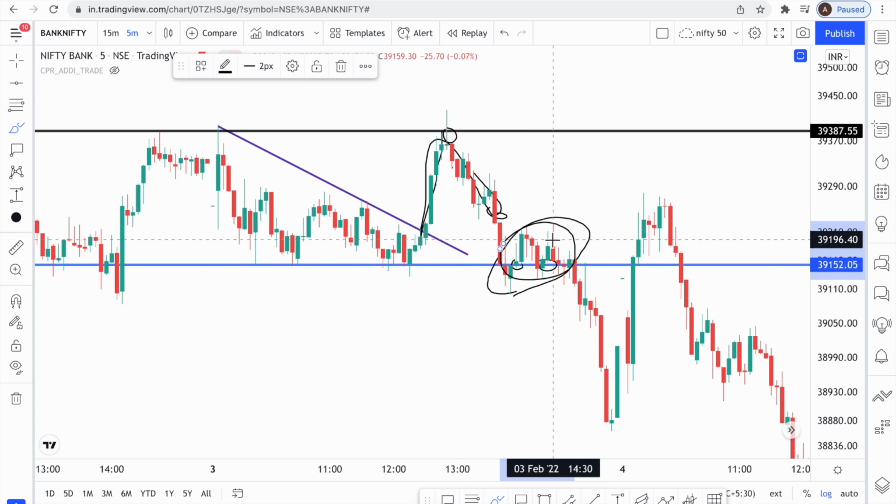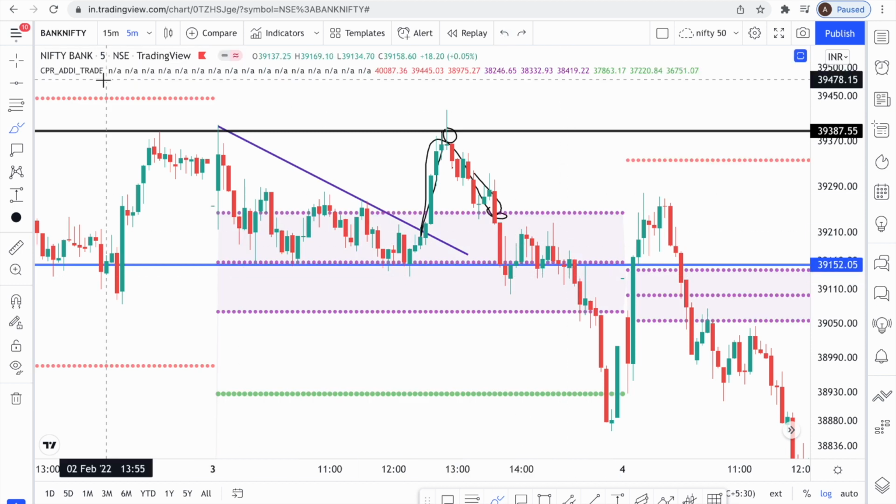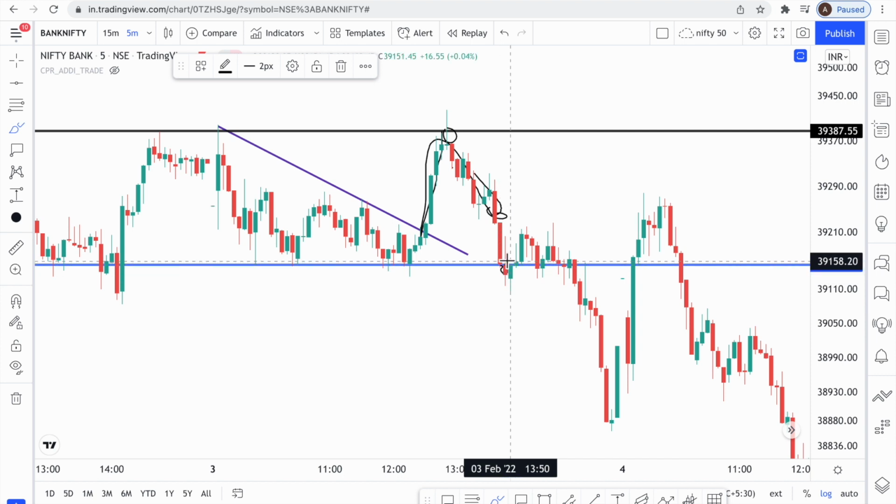Even if I had entered, now say thinking this trend line broke, if I had entered here, immediately I had to take the stop loss here, thinking it might reverse. After this candle, I would have taken the stop loss immediately here.